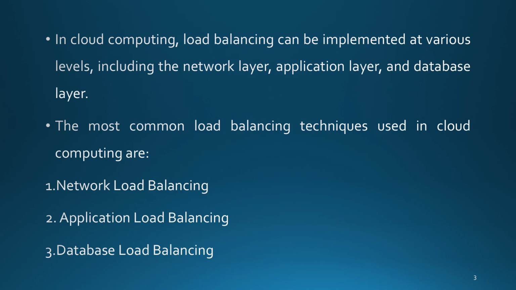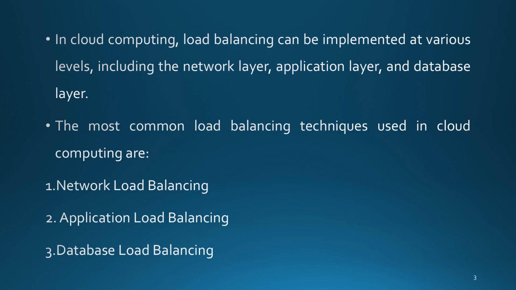In cloud computing, load balancing can be implemented at various levels, including the network layer, application layer, and database layer. The most common load balancing techniques used in cloud computing are network load balancing, application load balancing, and database load balancing.